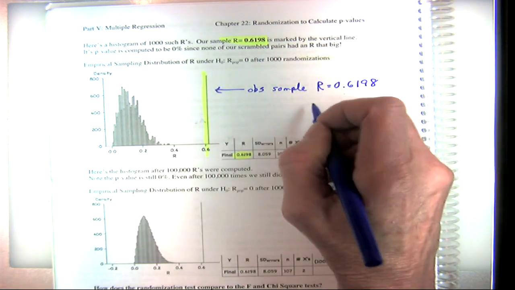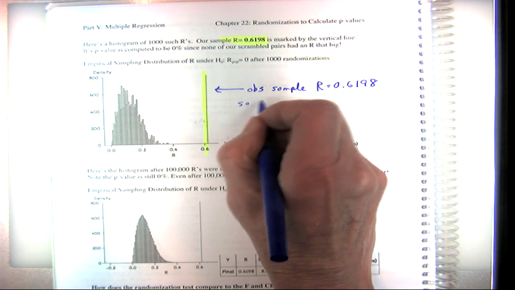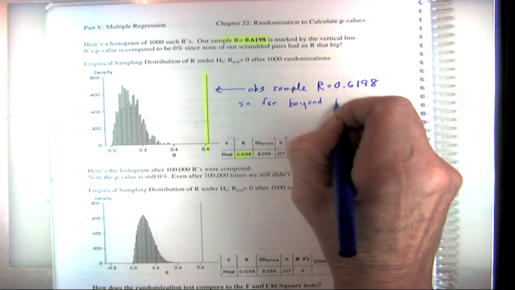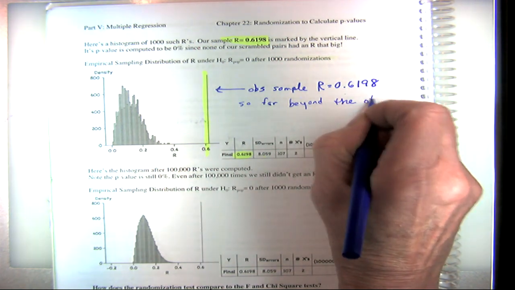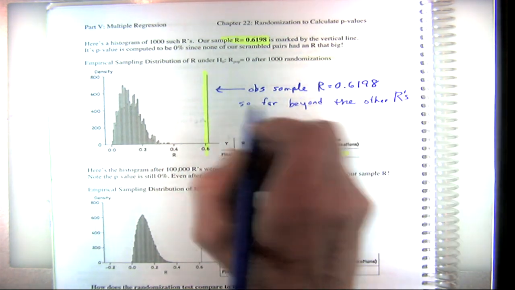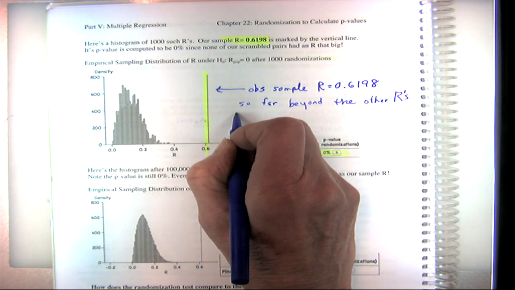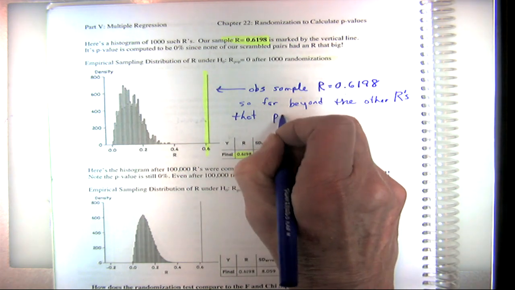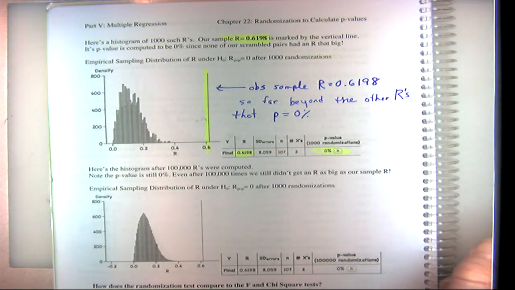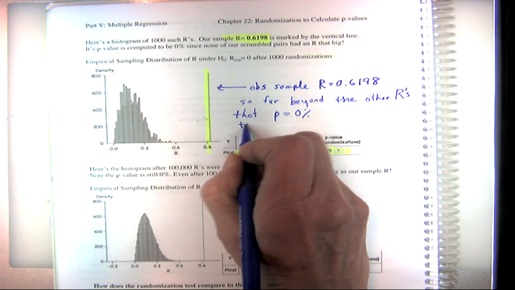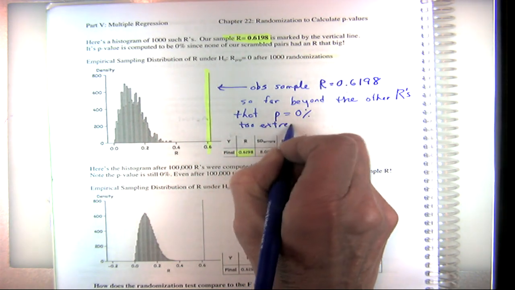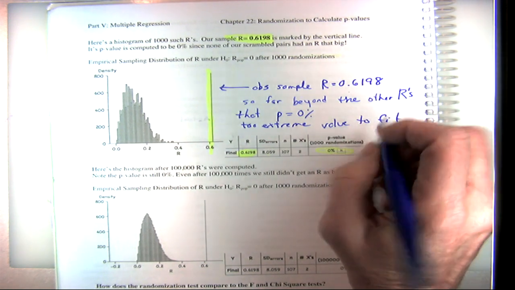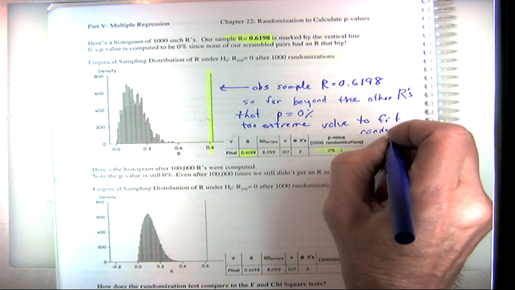It's so far out, so far beyond the other R's that our p-value, p is equal to 0%. Too extreme a value to fit the random model, the null.